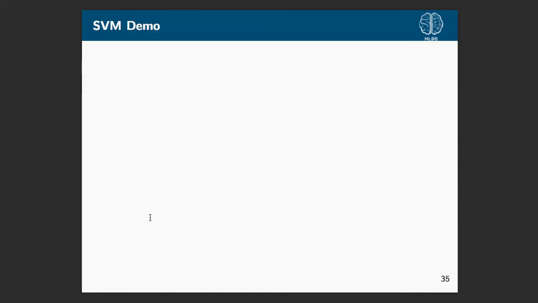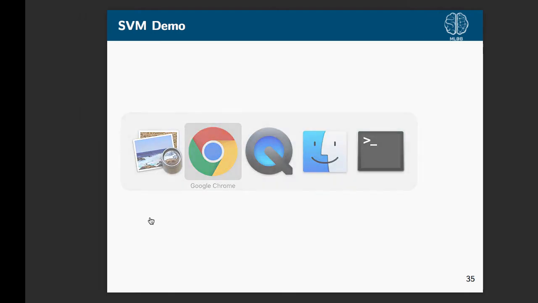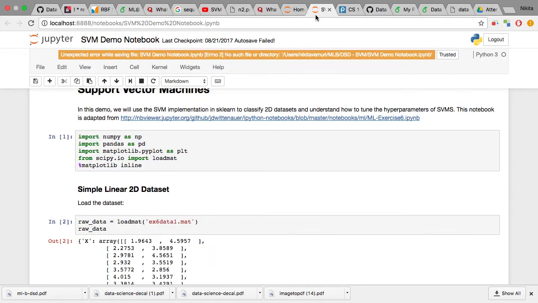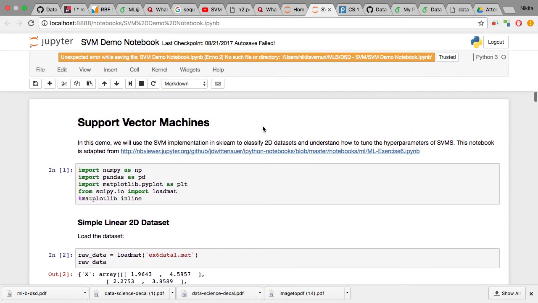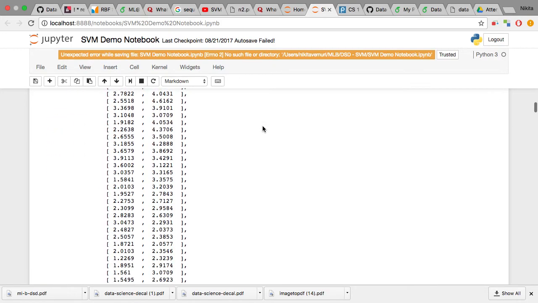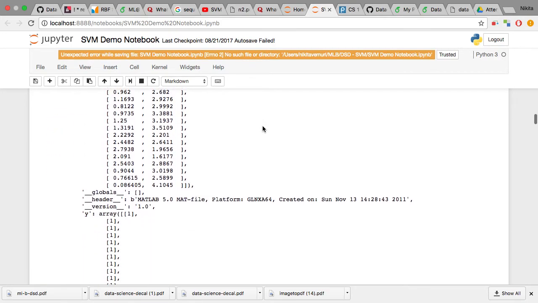Okay, so now I'll do a quick demo on SVMs, so you can see how these hyperparameters actually affect things. Can everyone see this? Yeah, okay. So first we have a simple 2D data set.